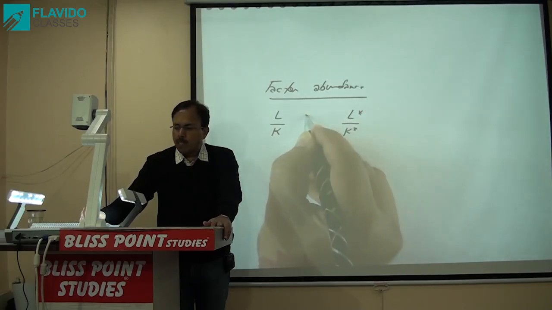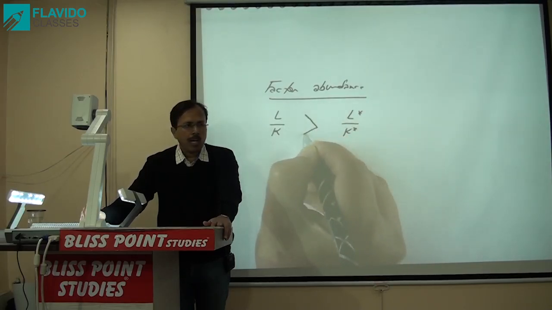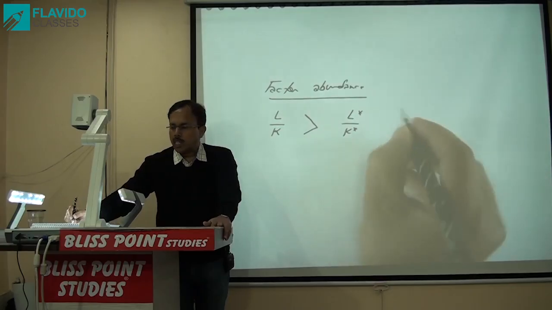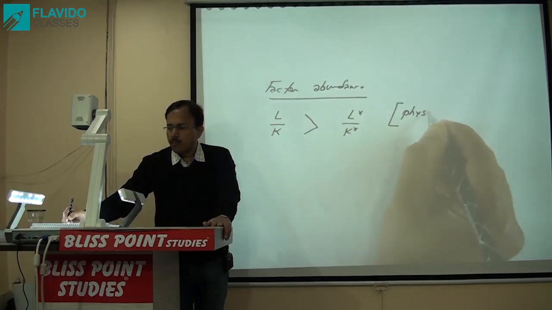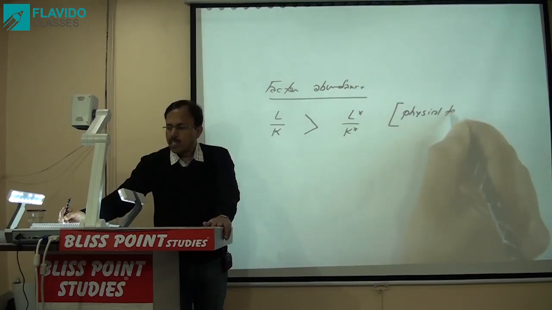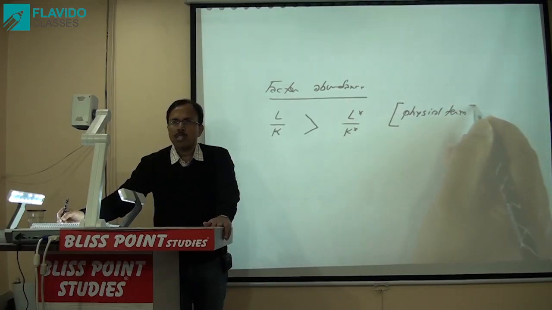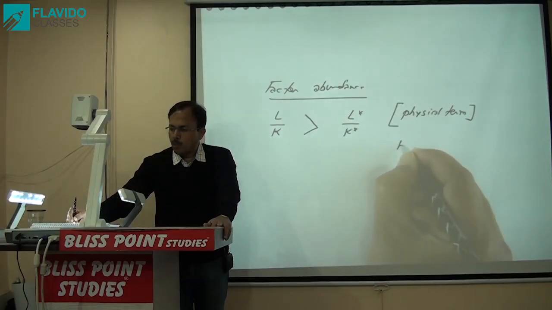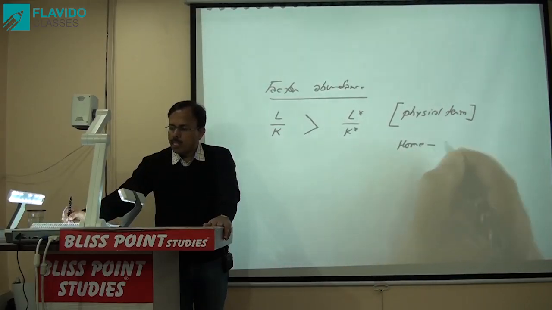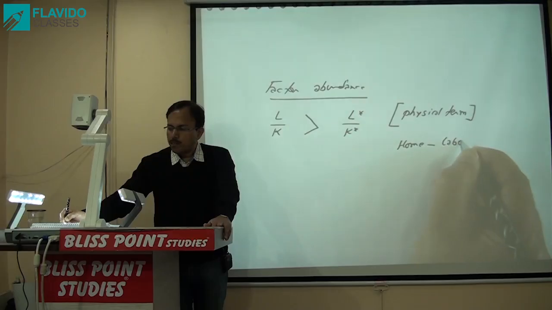If the labor capital ratio in the home country is more as compared to the foreign country, then on the basis of physical term, the home country is labor abundant.